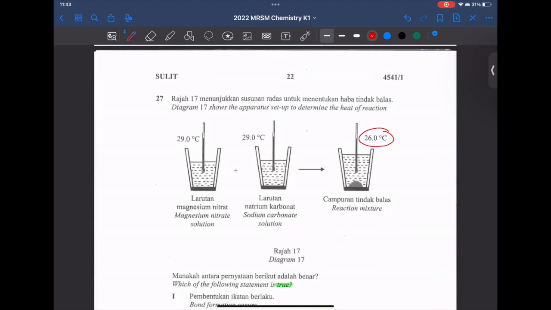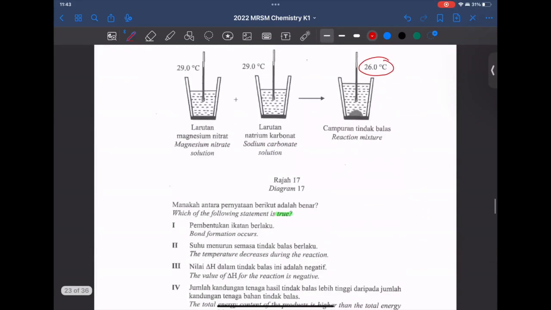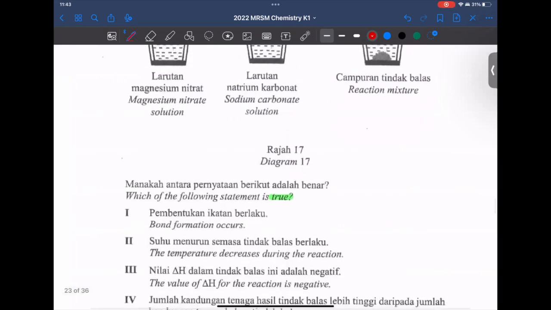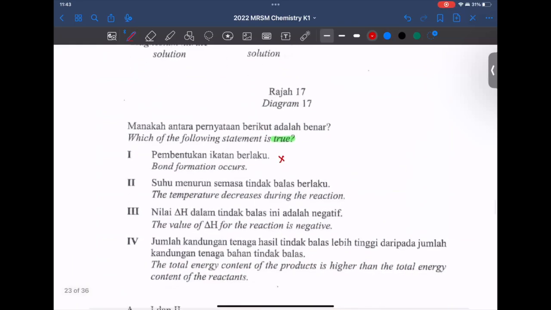Definitely got bond formation because there's a bond breakage and bond formation. So I don't think number one is just number one, you know what I mean? There must be a bond formation and also a bond breakage. That's how you can calculate the enthalpy change or the delta H value.